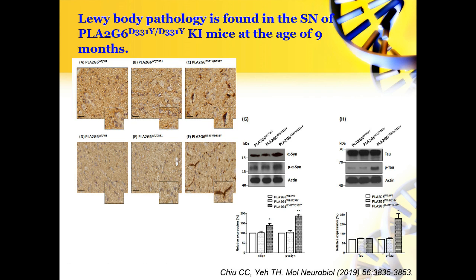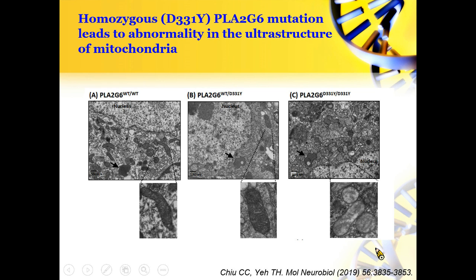Further immunoblotting analysis shows an upregulated protein expression of alpha-synuclein, phospho-alpha-synuclein, and phospho-tau protein in the substantia nigra of homozygous PLA2G6 D331Y knock-in mice.